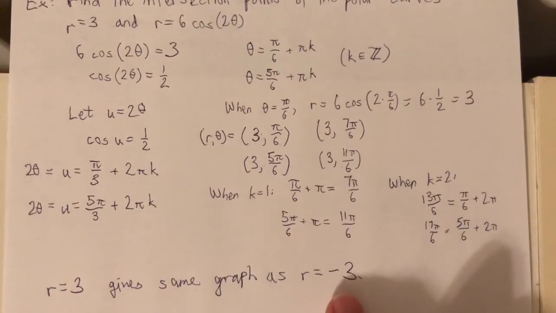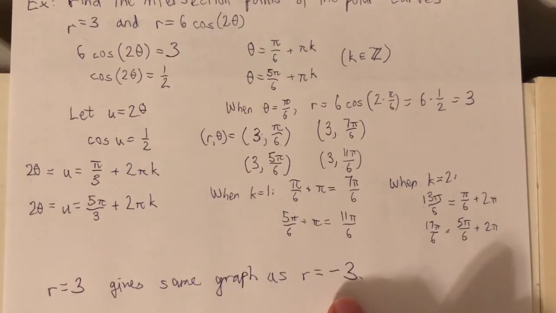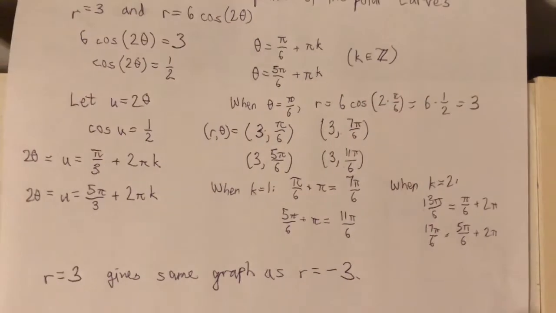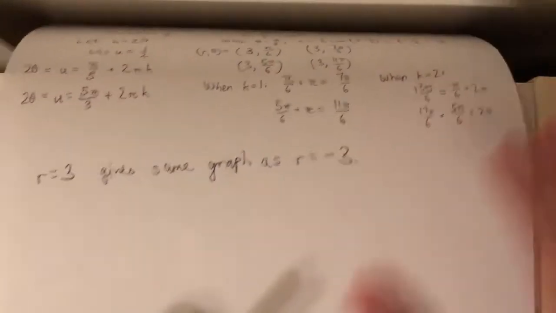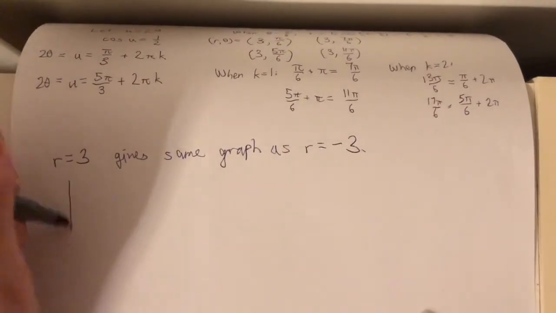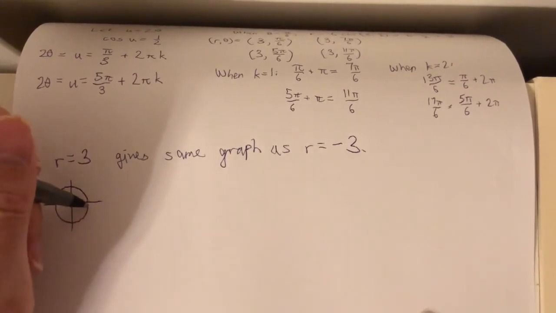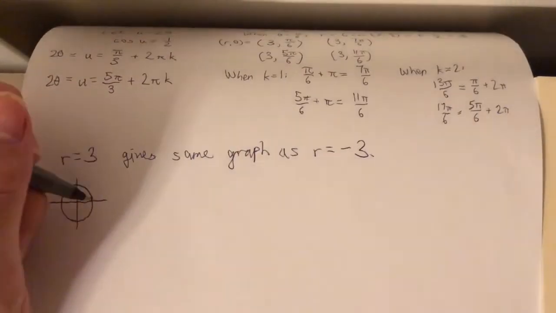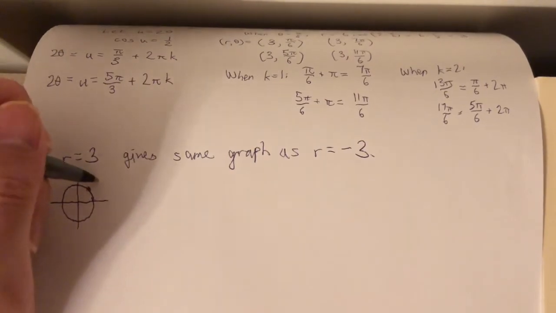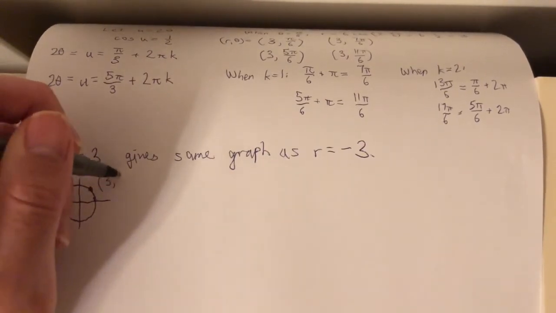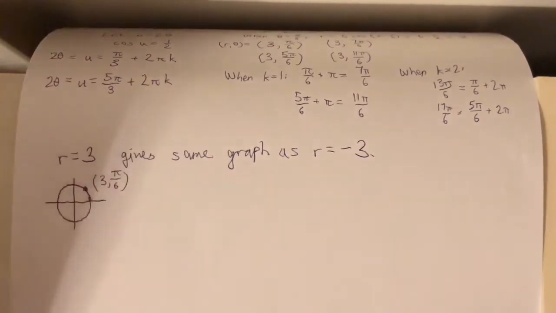And these are also the same set of points. This is also the set of points that are 3 units away from the pole in any direction. It's just our perspective is a little bit different here. So if I look at this circle in polar coordinates, I might have, say, the point 3 comma pi over 6, right?